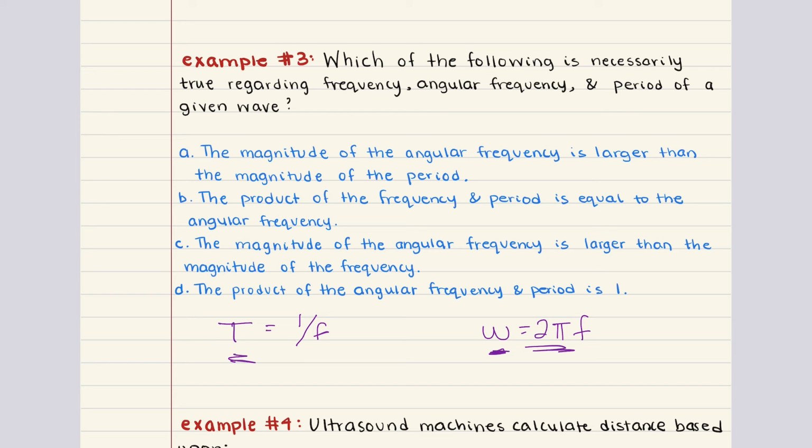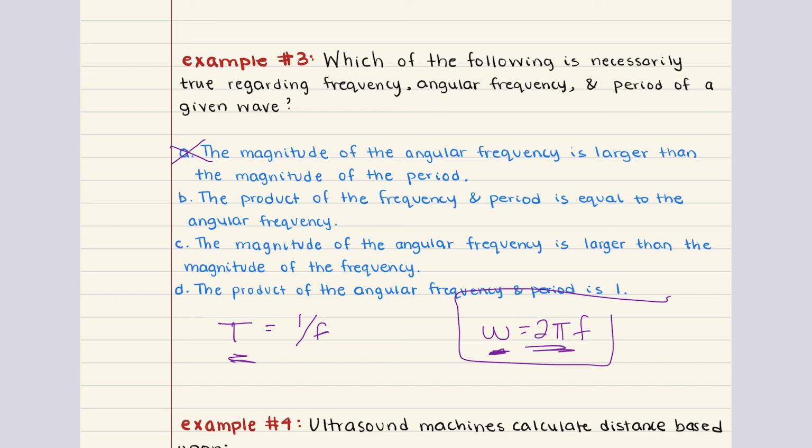Angular frequency relates to frequency, not period, through this equation right here. Additionally, since period and frequency are inversely related, we cannot make a simple magnitude comparison between angular frequency and period based on the given information. So answer choice A is not correct.